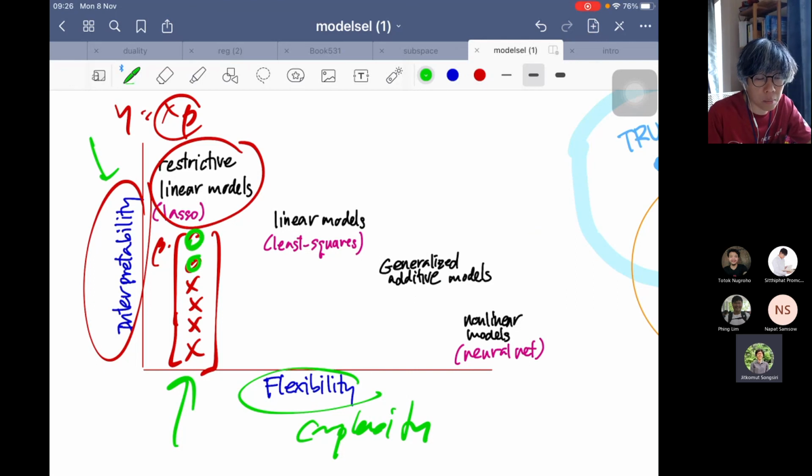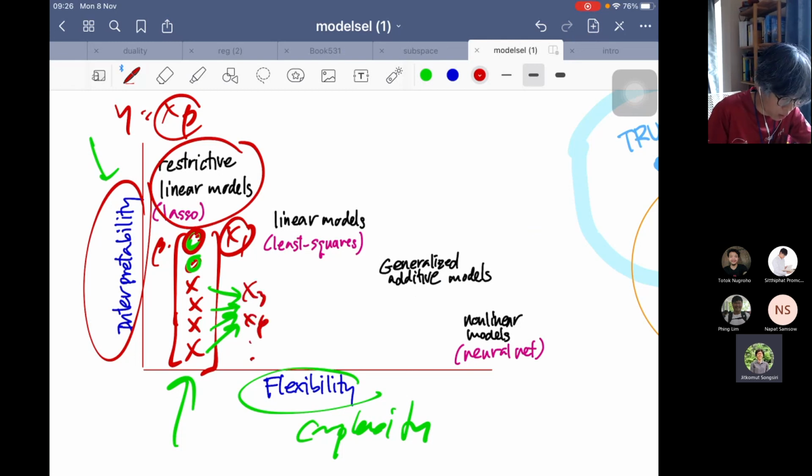the non-zero pattern of beta would explain which predictors, which variables, are significant in your model, right? Because at the 0 location, it basically means x1 has no effect on predicting y, but x3, x4, and so on are important.